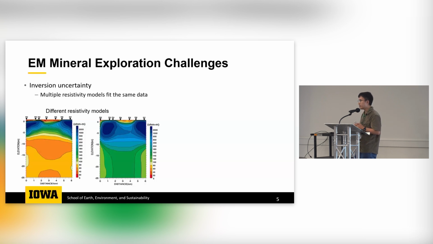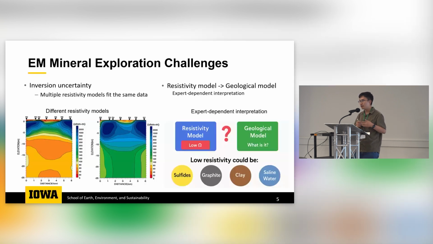Another challenge is that what we get from the electromagnetic method is a resistivity model. It's actually not a geological model. For example, when we find a low resistivity in our subsurface resistivity model, we don't know whether it's clay, water, or other geomaterials.